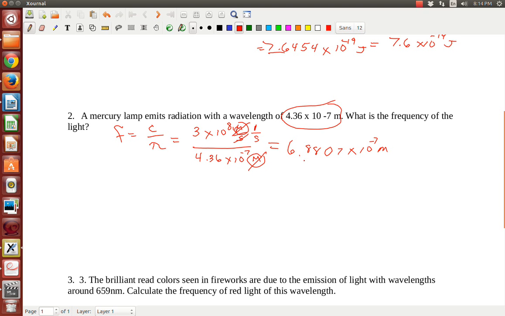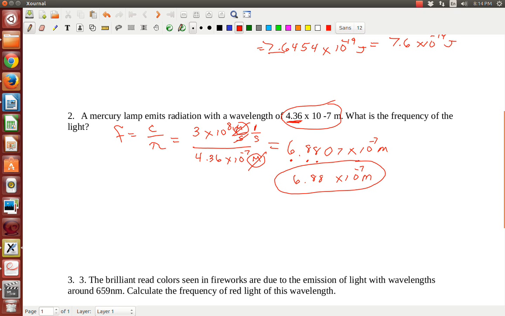I've got to figure out my sig figs. The original amount in the problem, in meters, has 3 sig figs, so I need 1, 2, 3 sig figs. So 6.88 times 10 to the 14th, and this is the final answer for question number 2.